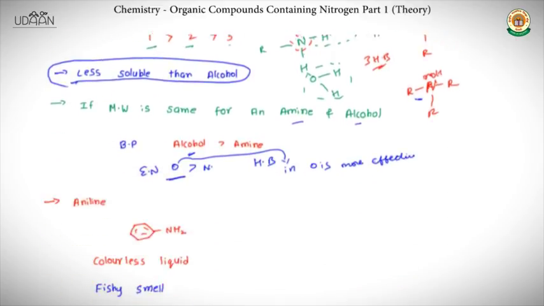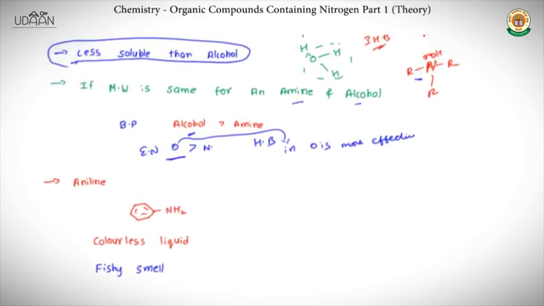Now, one more important thing is aniline, which is an aromatic amine. Here you have, for the amine, you substitute one hydrogen with NH2. So, you have this one. Now, an important property of this one is that aniline is colorless like that, but when you expose it to air, it will turn into like that.